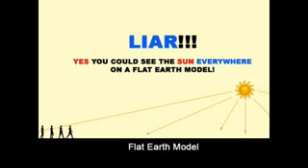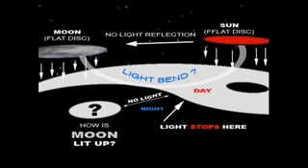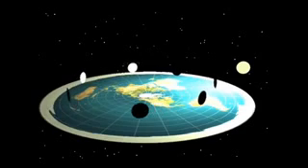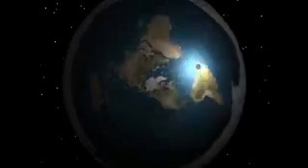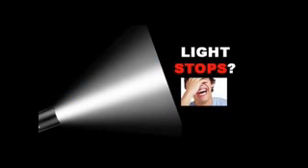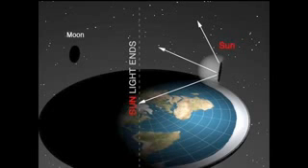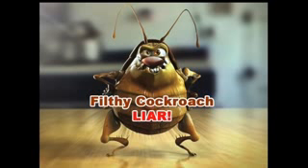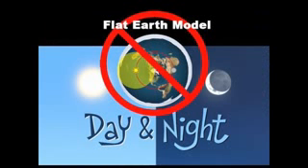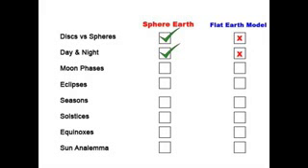So the truth is, the entire surface would be illuminated all over the flat plane, because you cannot stop light. But even if you play make-believe and stop the light like they're lying to us and trying to make us believe, it still doesn't work. So they're full of shit regardless either way. So when it comes to the simple day and night, the flat earth model fails 100%.